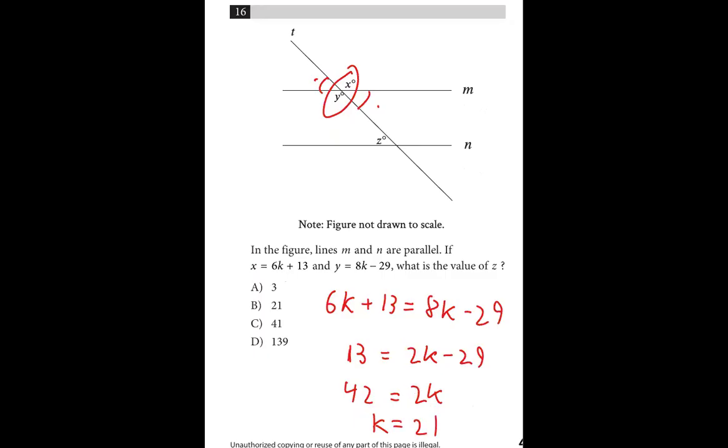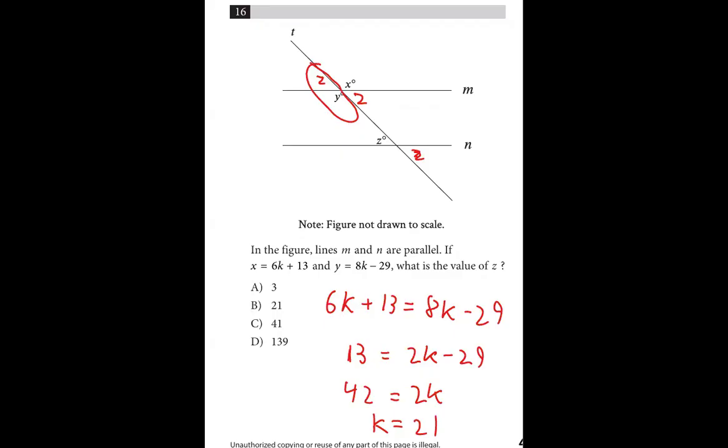And so now, since Y and Z are interior opposite angles, it just means that Z would be the same as this. So all of these angles are the same as Z, and because this is a line, this will just be equal to 180.